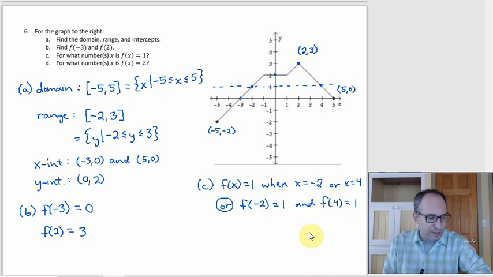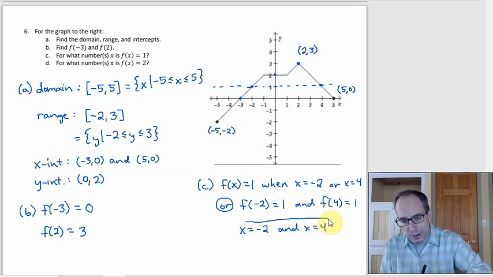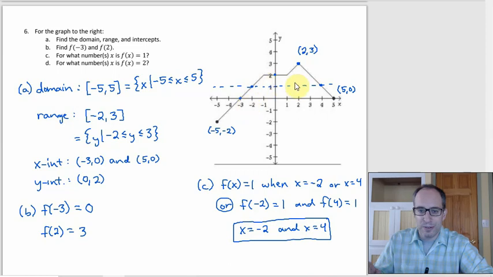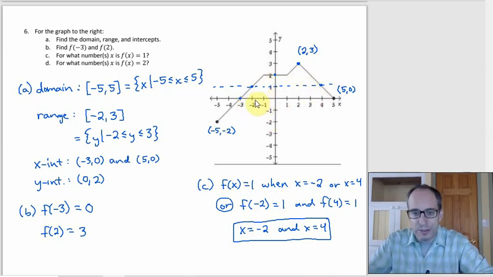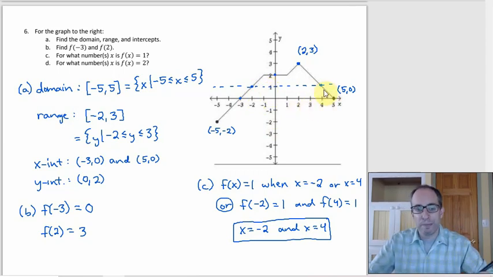Either way, what you end up with as an answer would be x equals negative 2 and x equals 4. Those are the two x values for which f of x is equal to 1. Because if you go along the graph here, there's negative 2, so f of negative 2, we look up there, that's 1. And then for 4, it's the same idea.